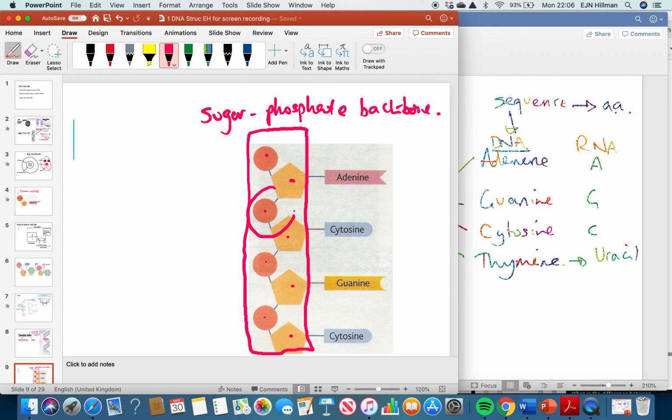And actually the linkage between one deoxyribose or phosphate and the second deoxyribose is known as a phosphodiester bond. Phospho, because obviously it contains inorganic phosphate. Diester, well, we mentioned that there are esters, and there are obviously 2 of them, one there, one there. So phosphodiester bond, which links those phosphates and deoxyribose sugars to form the sugar phosphate backbone.